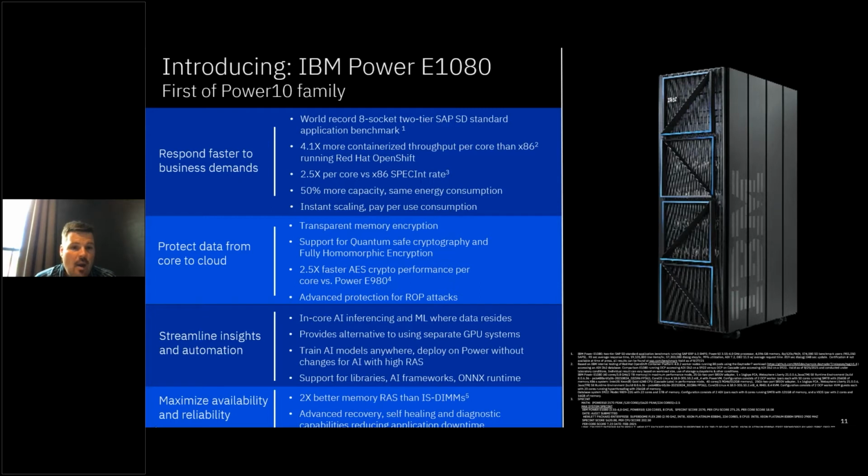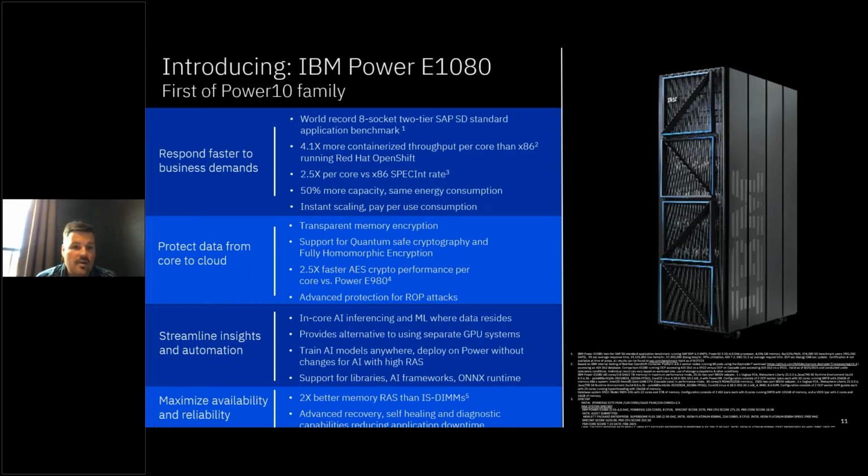With Power E1080, we deliver a world record, a leadership benchmark on the SAP SD application benchmark for the 8-socket. Here's what I would tell you on this. The world record is actually a 16-socket system, also owned by us. But from an 8-socket perspective, our 8-socket E1080 outperforms that of the 16-socket x86 alternative architecture.